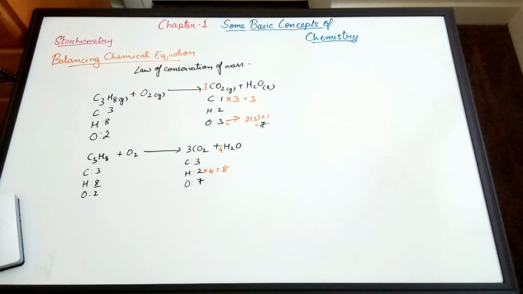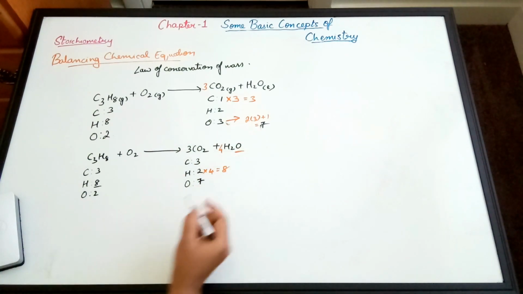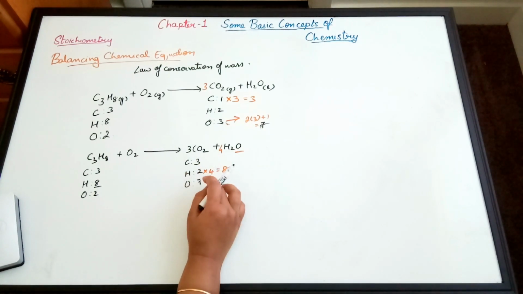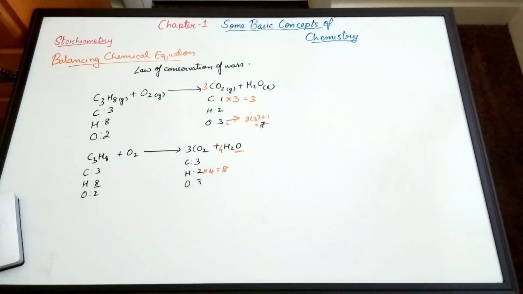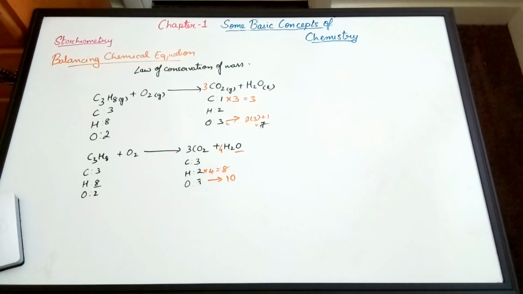Now this also means that it will affect the oxygen. So the oxygen's value will change: 4 ones are 4, 3 twos are 6, 6 plus 4 equals 10. So you have 10 atoms of oxygen.